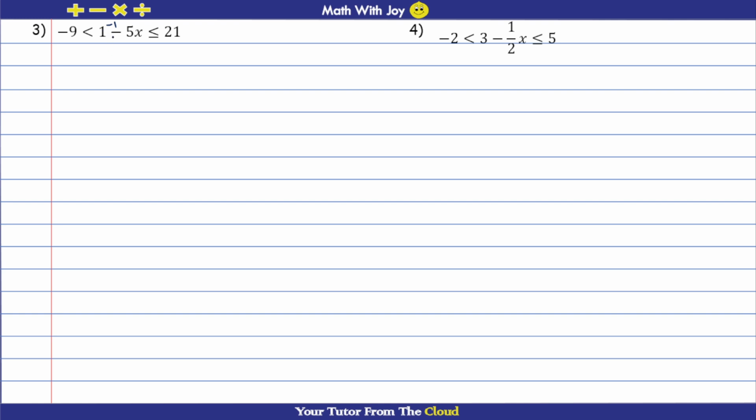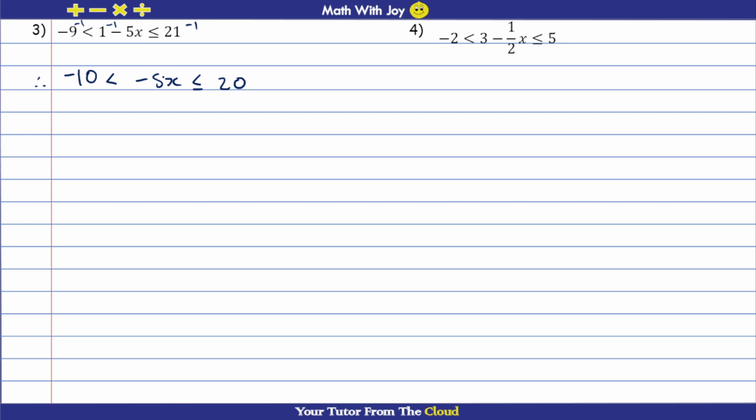So 1 minus 1 is 0, so the 1 will disappear. But what I do in the middle, I must do on the ends as well. So I have minus 9 minus 1 is minus 10, smaller than minus 5x, smaller than or equal to 20, because 21 minus 1 is 20.